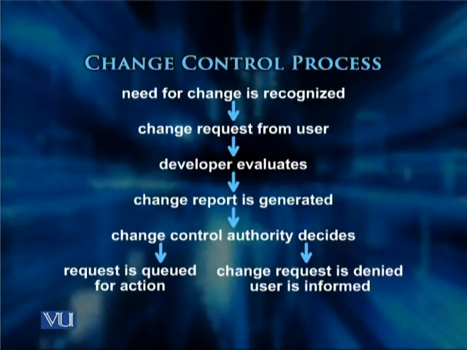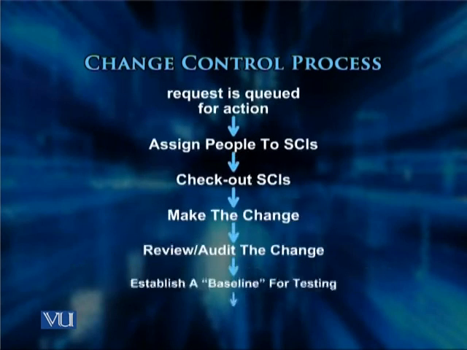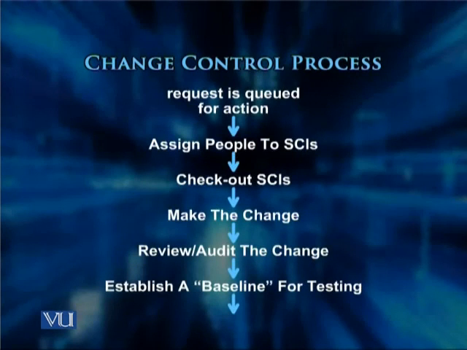In that case, the user is informed and the process ends. The second situation is that the request is queued for action, which means that it has been approved. Now we go to the next slide, which continues from the queuing of the request.